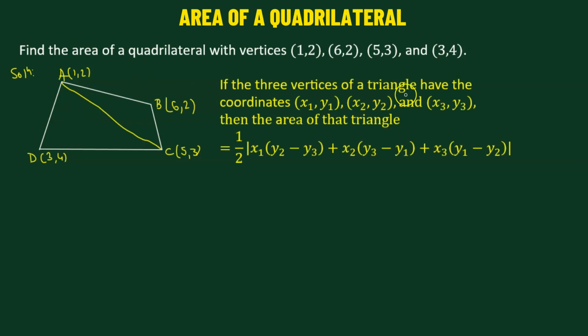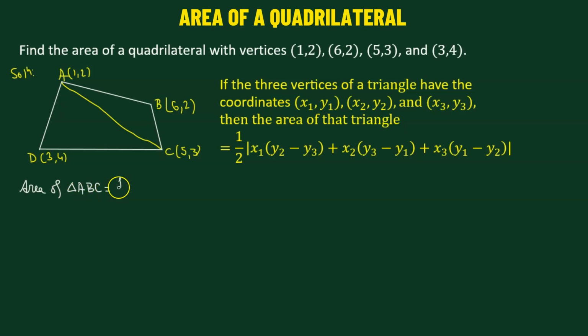So let's say we have a triangle whose vertices are given by the coordinates (x1, y1), (x2, y2), and (x3, y3). The area of the particular triangle is given by this expression. So we'll use this expression to find the area of the triangle. We'll begin by first computing the area of the upper triangle, triangle ABC.